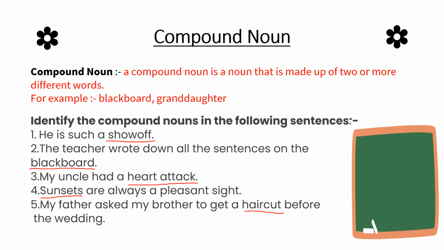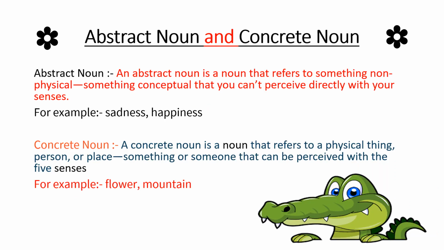Okay, let's move forward. Abstract noun and concrete noun. An abstract noun is a noun that refers to something non-physical, meaning a noun we can't perceive with our five senses. We can't see them, we can't feel them, we can't touch them, we can't taste them.